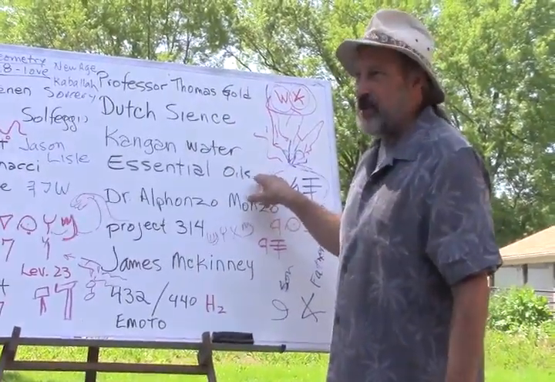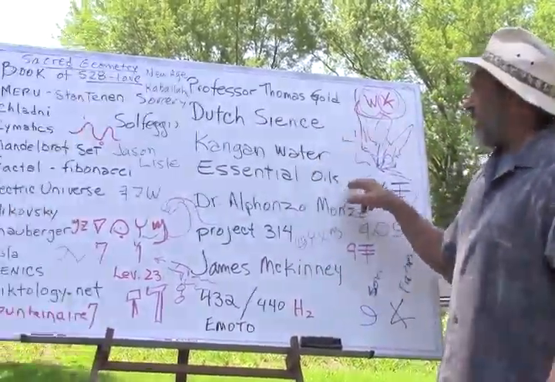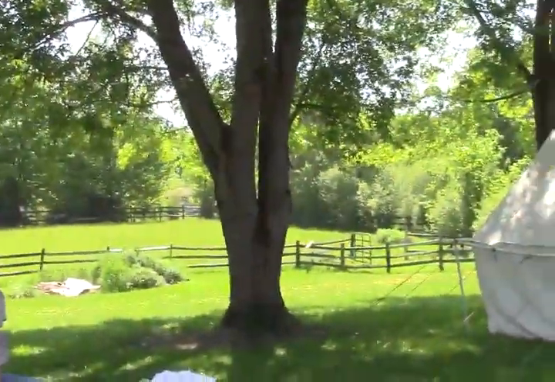Essential oils do the same thing. They extract. Linda, could you describe what essential oils are and how they work? Just briefly for the sake of the topic. Well, the oil of the plant is very similar, compatible with the blood of a human.